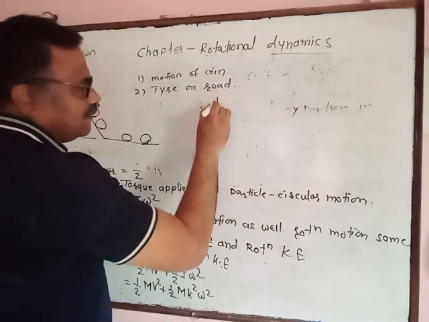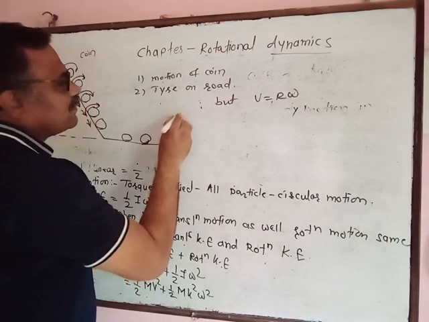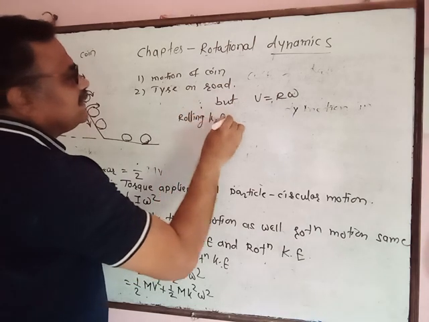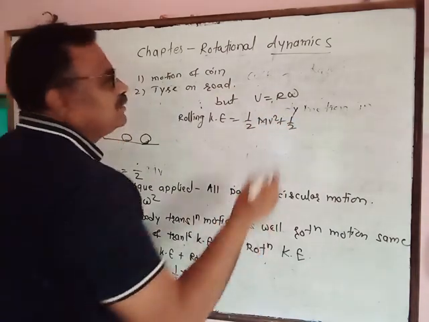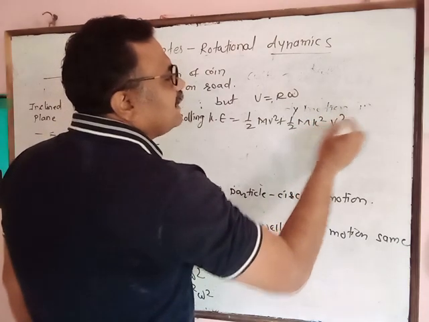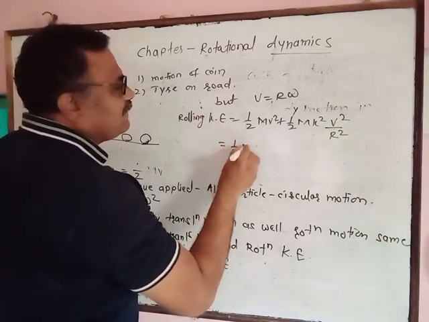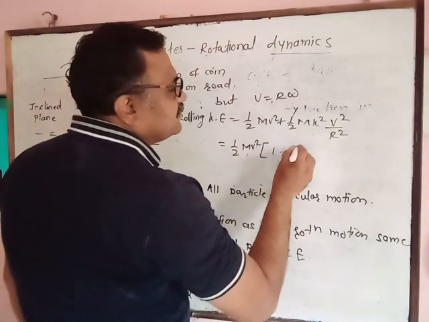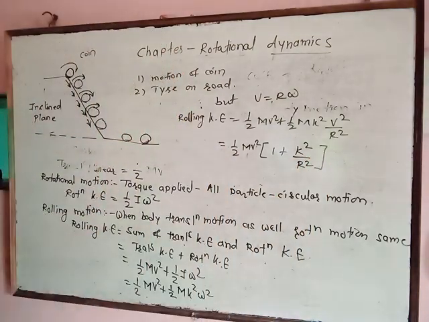We also know v is equal to R omega, and therefore rolling kinetic energy is equal to 1/2 m v square plus 1/2 m k square into v square upon r square. We can take 1/2 m v square common, therefore inside the bracket we get 1 plus k square upon r square. This is the expression for rolling kinetic energy.